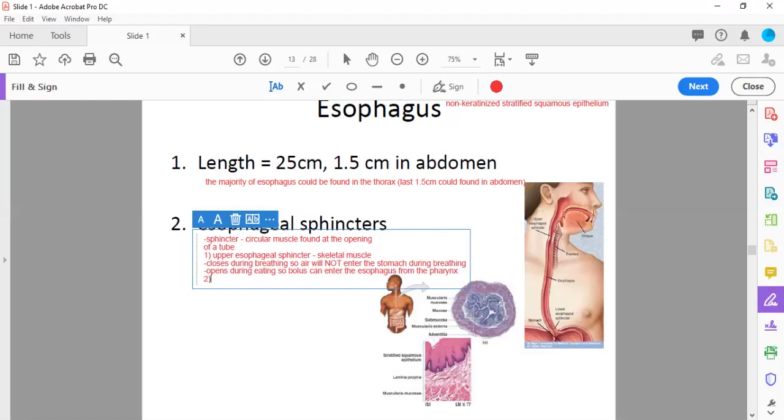The second sphincter is the lower esophageal sphincter. This sphincter is a smooth muscle, and it is also known as the cardioesophageal sphincter.